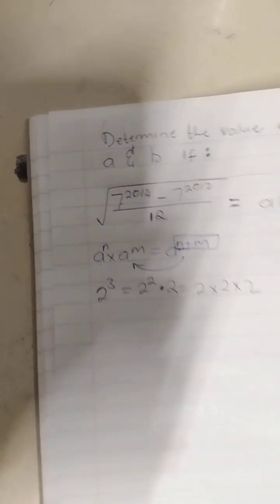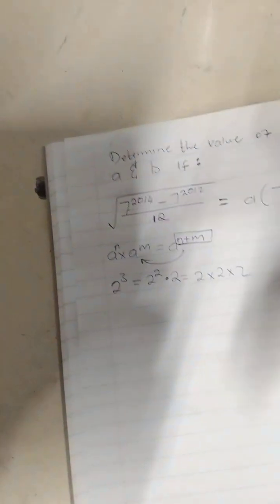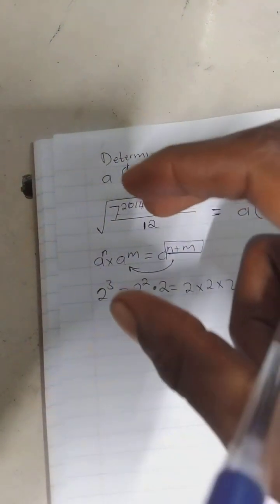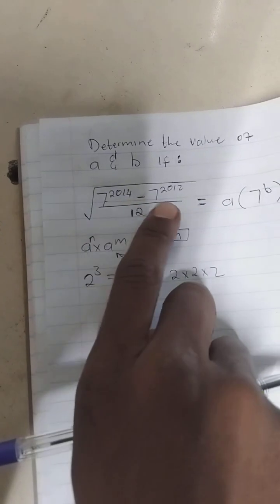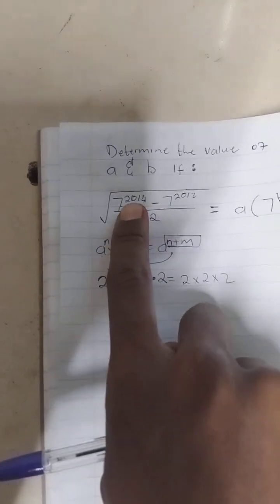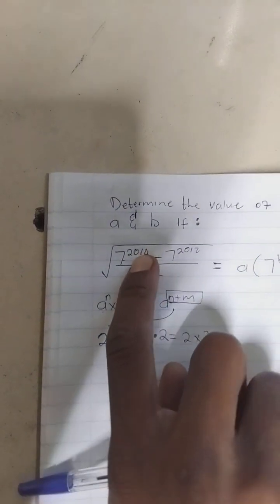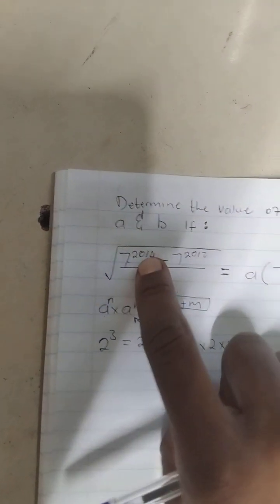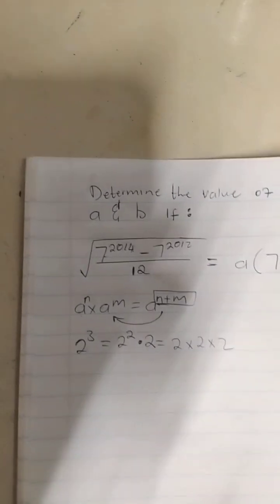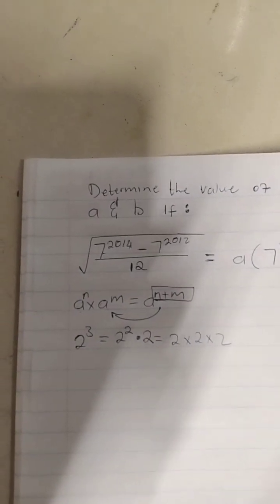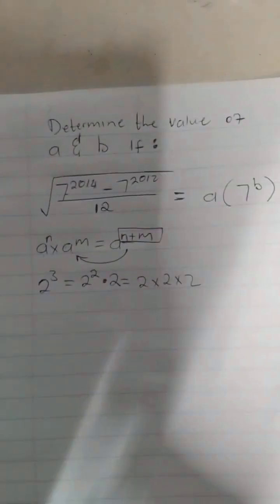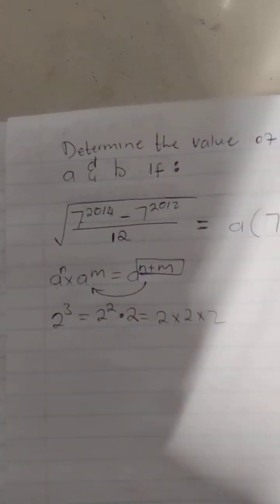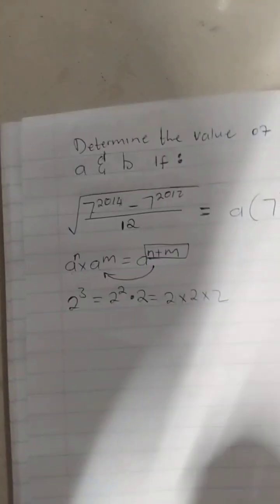I'm going to think, 2014, what value can I subtract from 2014 so that it becomes 2012? Can you please write the value? Is it 2? Yes, it's going to be 2, right?